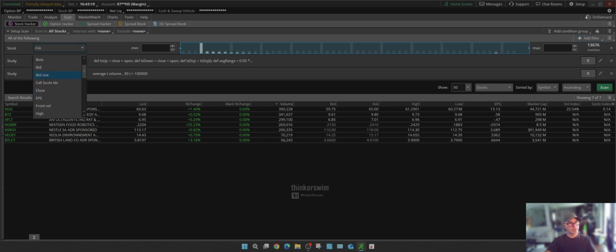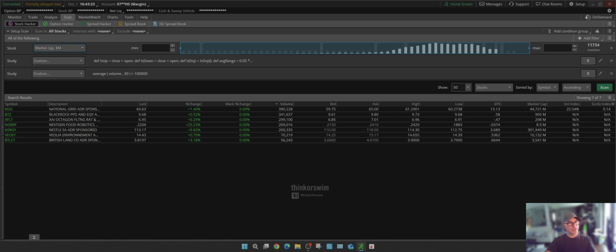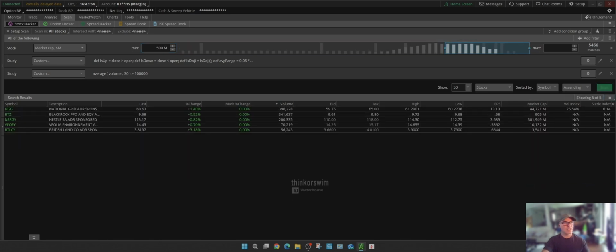I want to trade a stock that has a market cap of 500 million. So we don't want to scan penny stocks that don't really have any market cap. We don't want to be fooled or tricked by those. So now that we have these three, we can always tweak them. So we want to save them.